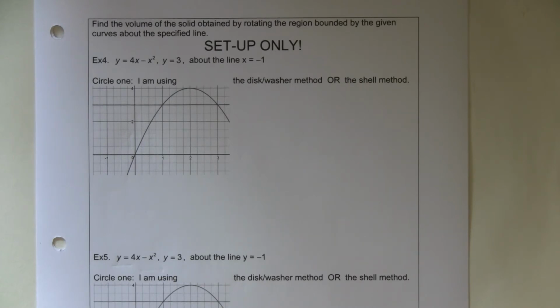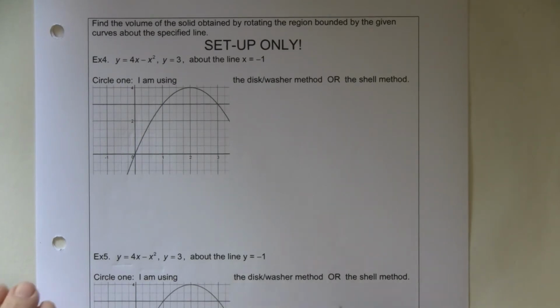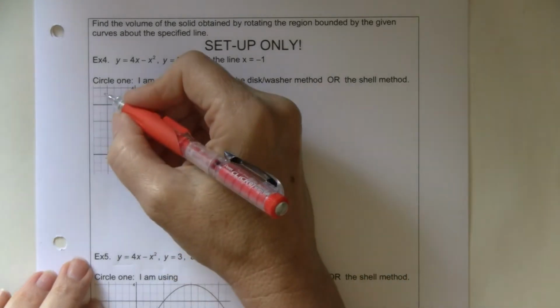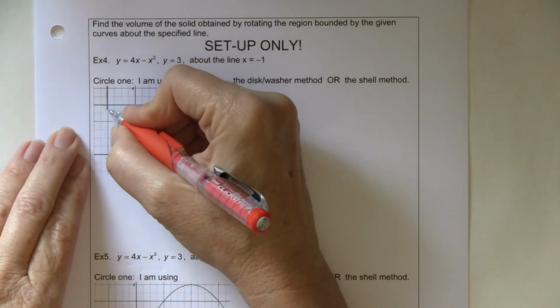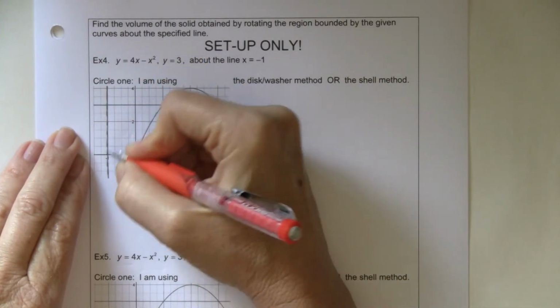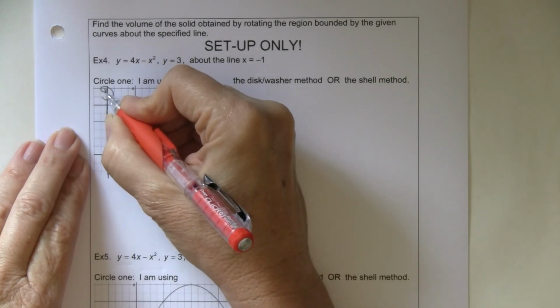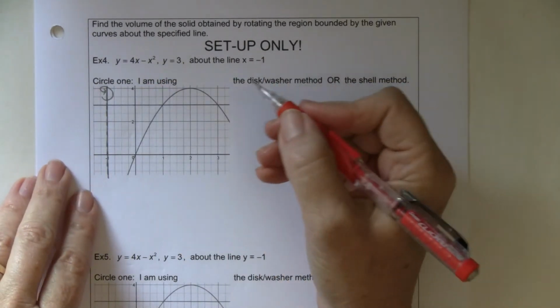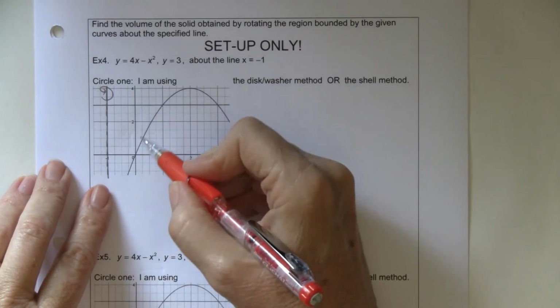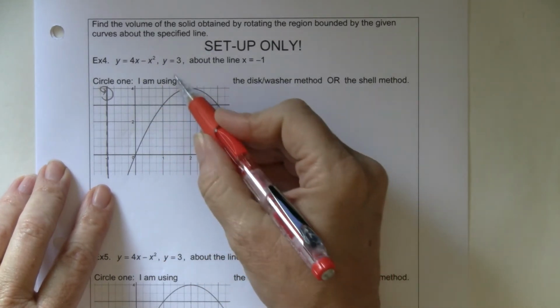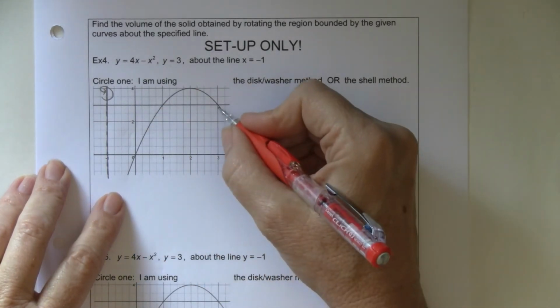Okay, so they said, what about if you're going around the line x equals -1? So x equals -1 is a vertical line, and they've drawn this curve for me here. And y equals 3.